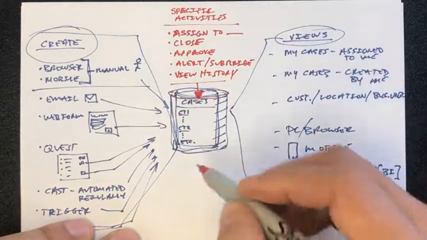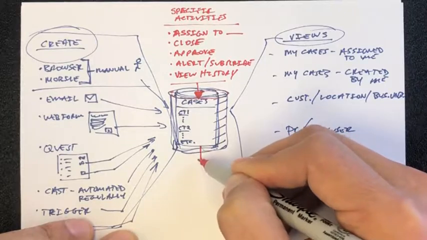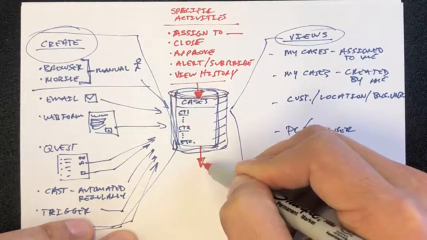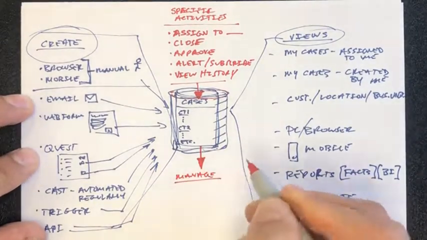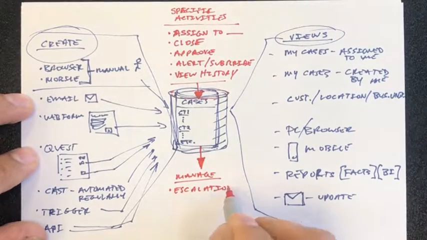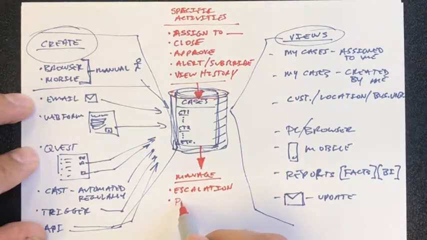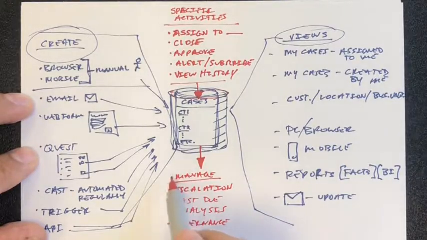The other thing we have is a management and governance approach. So if we're dealing with cases in one place, we may want to, for example, apply some kind of escalation rule, or we might want to look at everything that's past due, or run some kind of analysis against the caseload, and generally apply some kind of governance or processes to make sure that we're managing this caseload effectively.